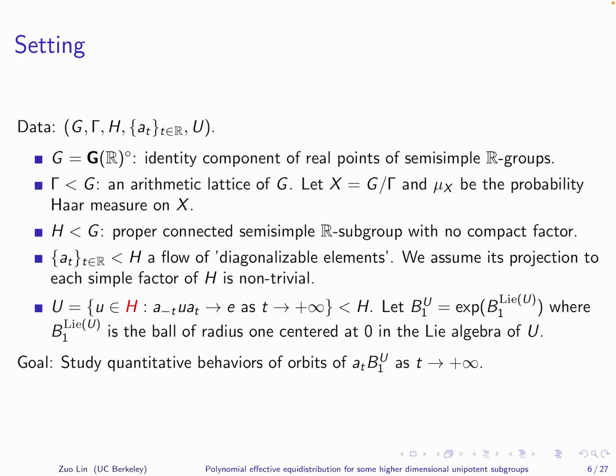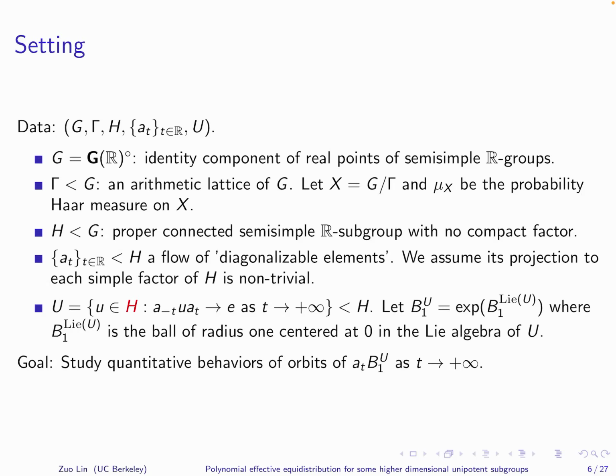Okay, and just to introduce this notation, I will use B_1^U to be a size 1 ball inside this unipotent subgroup. I will define this as follows: I pick a size 1 ball in the Lie algebra and then exponentiate it so that I get some ball in the unipotent subgroup.